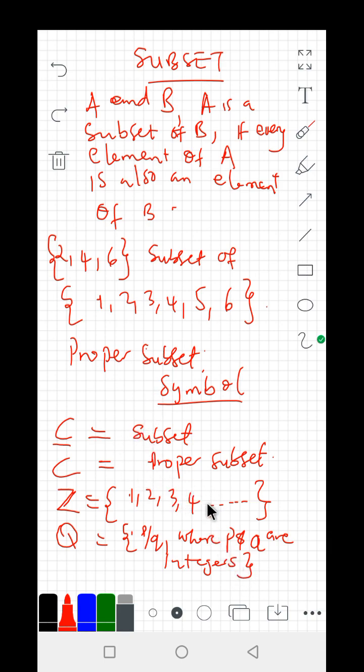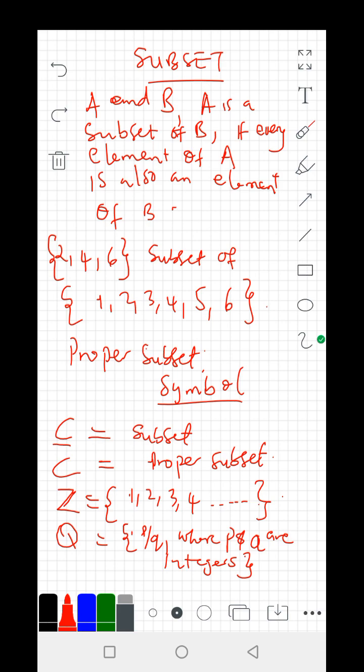Okay, so if you compare these two sets, you notice that it's possible to find members of Z in Q, but some members of Q, you might not find in Z. So what does that tell you?